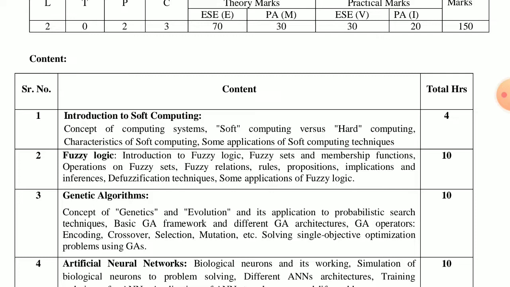The difference is given in our first chapter, and the characteristics of soft computing are also given, and some applications of soft computing techniques. So this is our first chapter and its subtopics, and total teaching hours are 4.